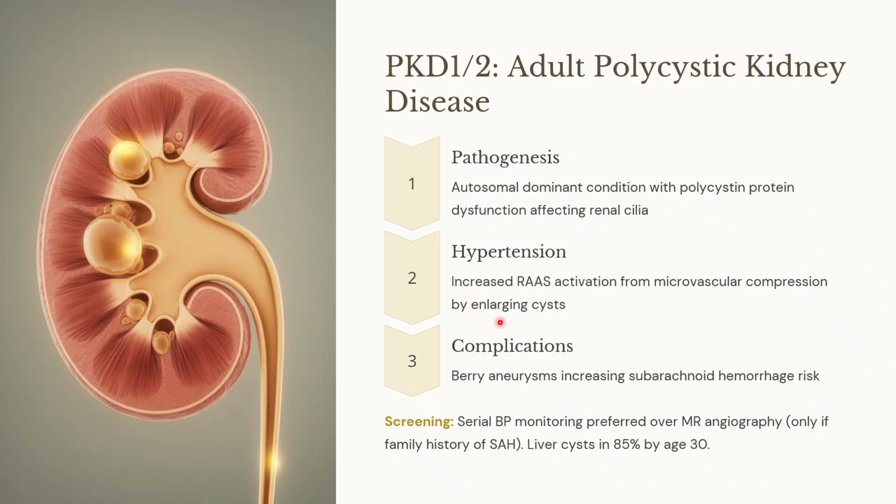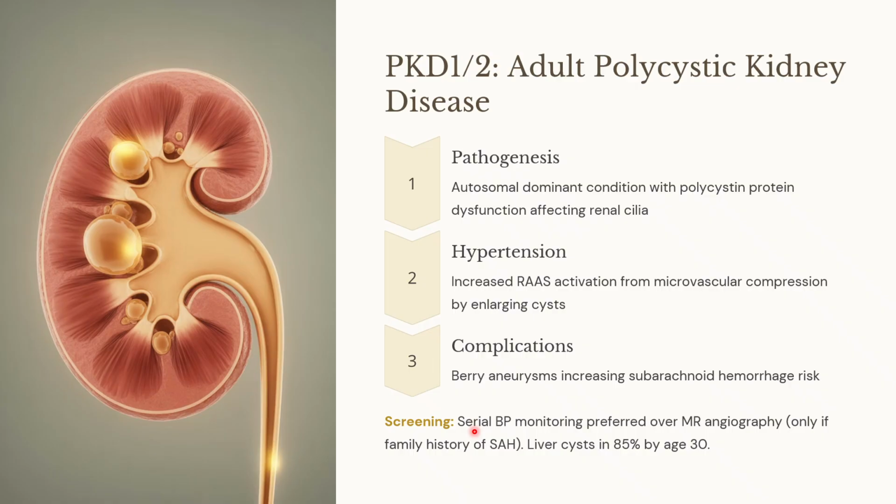They can even present with berry aneurysm, that is an associated feature in adult polycystic kidney disease. The question that is commonly asked with respect to this is serial BP monitoring. When you suspect someone with subarachnoid hemorrhage, the preferred method for screening is serial BP monitoring. Why is MR angiography not done?